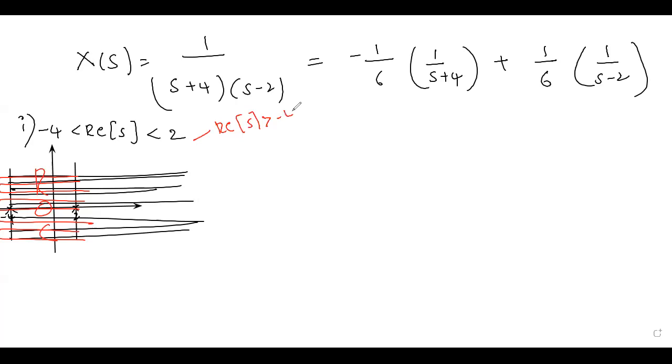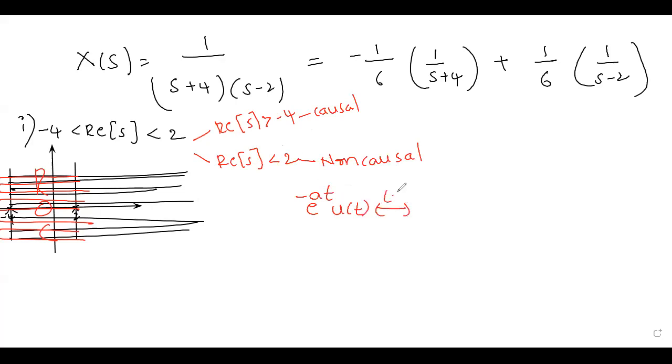So the two possible cases given here: real part of s is greater than minus 4, and real part of s is less than 2. Greater than the pole value means causal. Less than the pole value means we have to select a non-causal signal. So what are the two possible causal and non-causal cases we have? e power minus at into u(t).